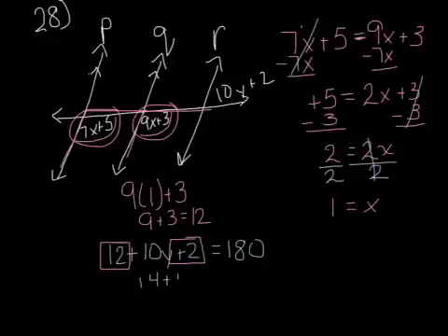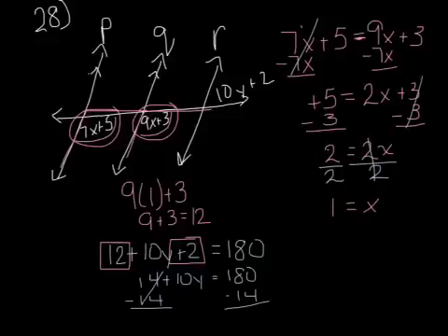I have 14 plus 10y equals 180. Good. I'm going to subtract the 14 because that's going to make that 14 go away. So I'm going to have 180 minus 14, which is 166. So I get 10y equals 166.